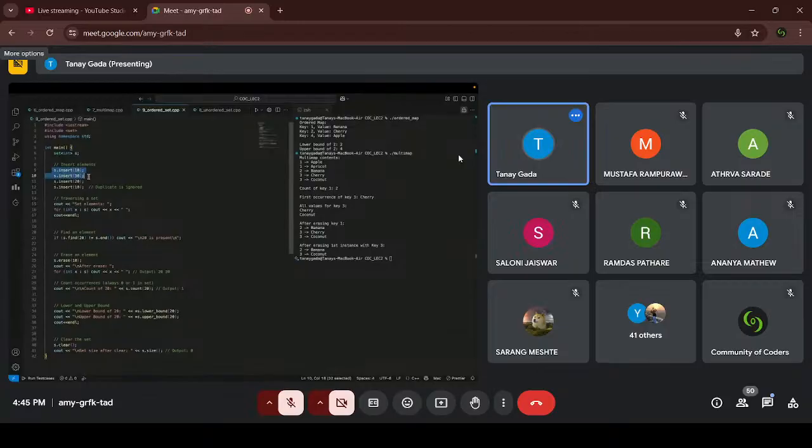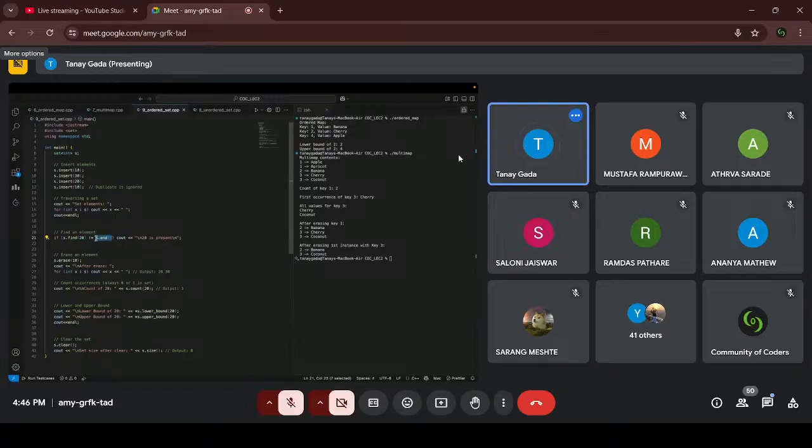So we are inserting through the insert function, iterating as we did before. Then find is used to get the iterator of this element. If this element is not present in the set, we get the iterator s dot end.